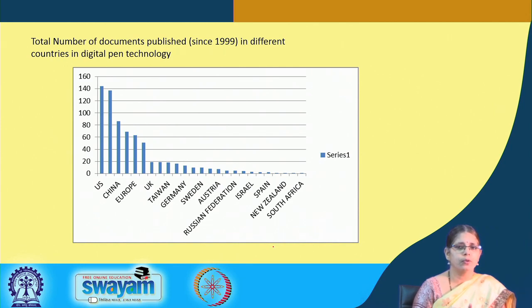Both have major publications in relation to patents, followed by Europe, and then different countries which also record some patent numbers. This is how one can understand which are the major geographies in relation to the area of digital pen.